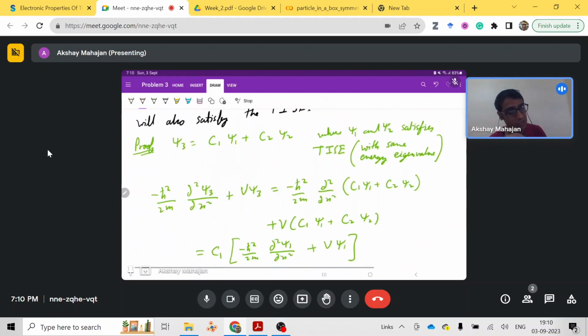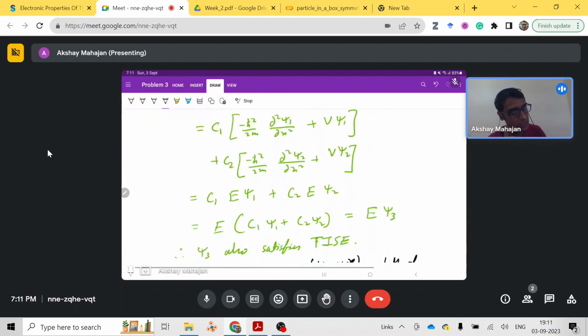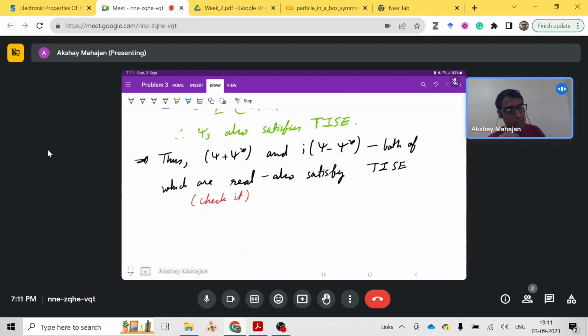But in general we have shown that if psi 1 and psi 2 both satisfy TISE, then any linear combination of them will also satisfy it. So now we have taken linear combinations such that both are real, and from the above we can say they will satisfy TISE, and you can check that as well.